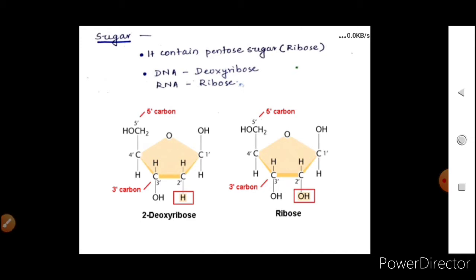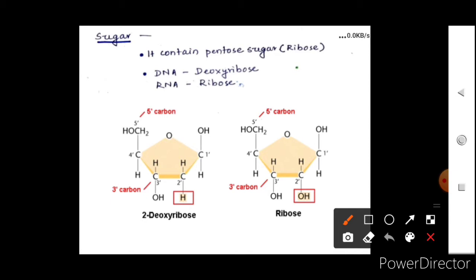Now the sugar present in nucleic acids is a pentose sugar. Ribose is present in RNA, but the structure of ribose and deoxyribose is almost the same, except that in RNA there is an additional OH group at the second position of the ribose.